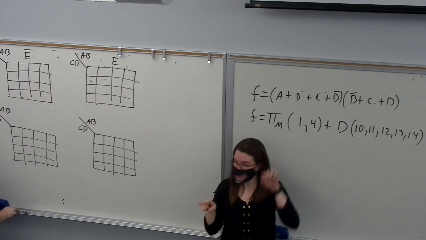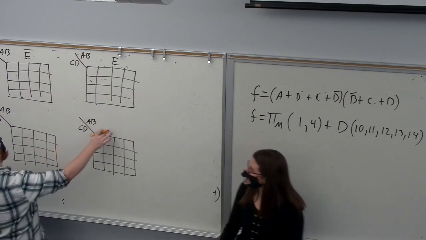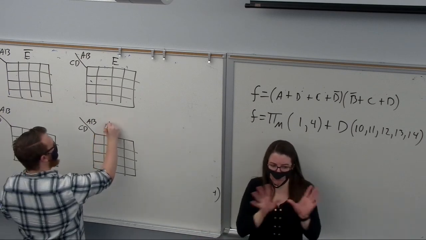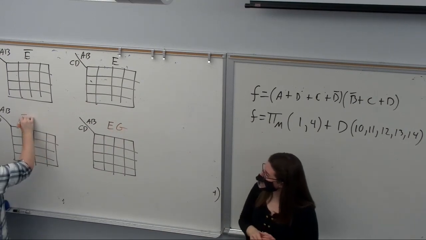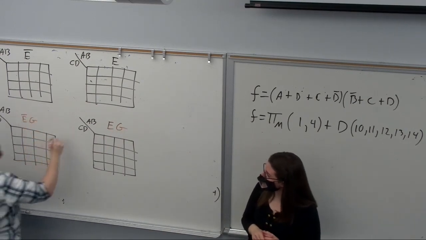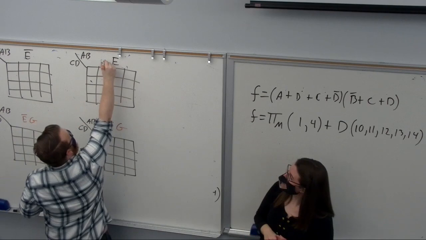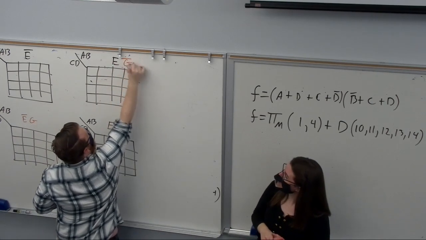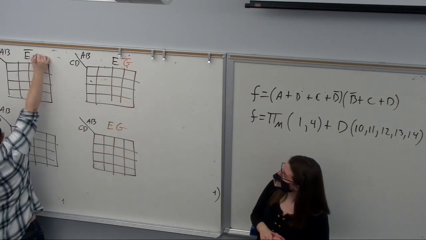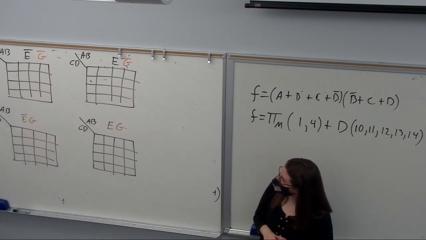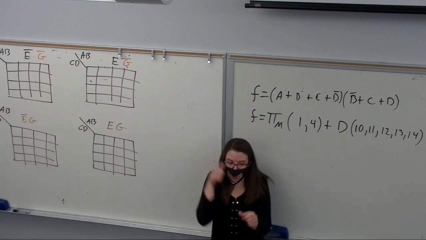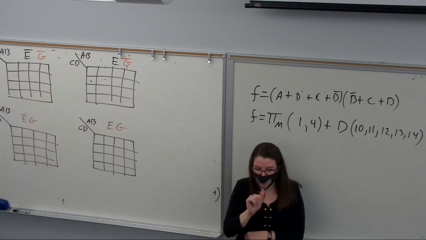So if you want to, we could label them a little more explicitly. So this map is EG. This one is not EG. This one is E, not G. And this is not E, not G. Okay, so remembering that they are logically adjacent planes.